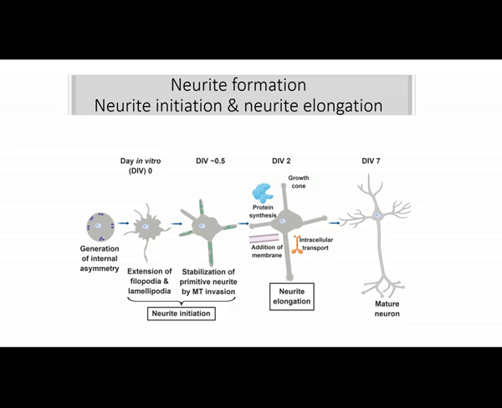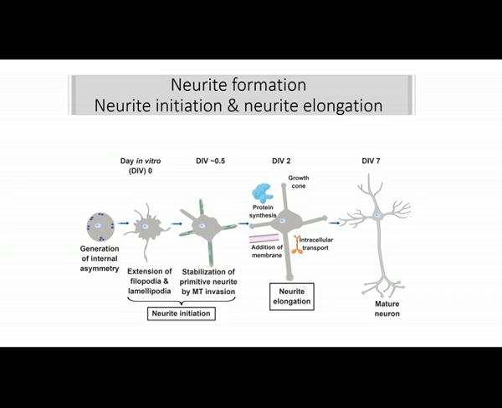In in vitro primary neuron culture, round-shaped neurons start extending filopodia and lamellipodia and then create primitive neurites. This step is called neurite initiation. Then microtubules invade into primitive neurites and primitive neurites start extending. This is the elongation step.